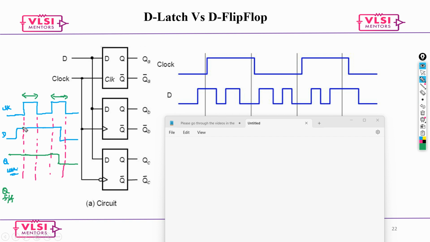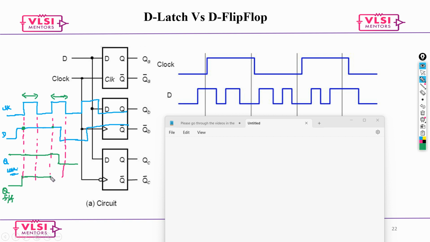Whatever is there at that edge would be the same. Say it's 0 and then it is 1 here, and it goes all the way till the next edge.